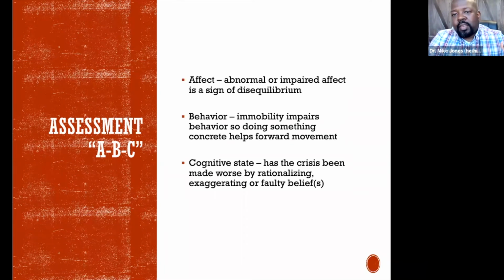Because if it is impaired, then we need to do some work on that. We also want to look at some specific behaviors that they are doing. And if they're doing behaviors that are causing more harm than good in their life, we want to work through looking at those behaviors to help them step to a different place.